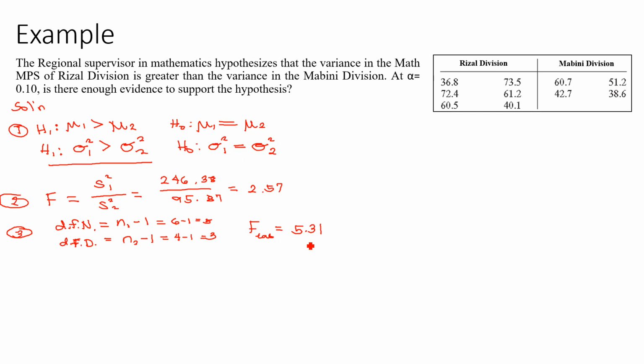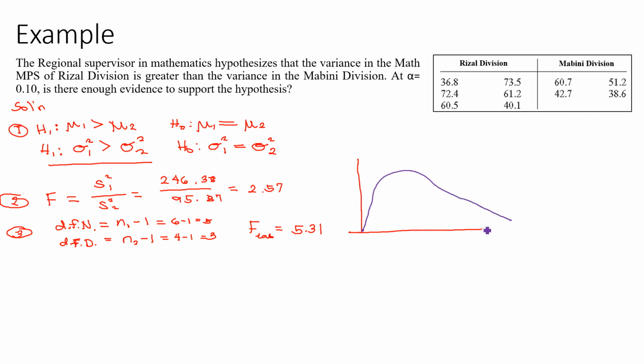So why is it important to know? It is important because if we are going to draft a graph, assuming this is the graph, since the F distribution is positively skewed, it looks something like this.